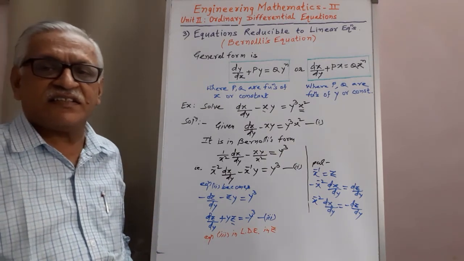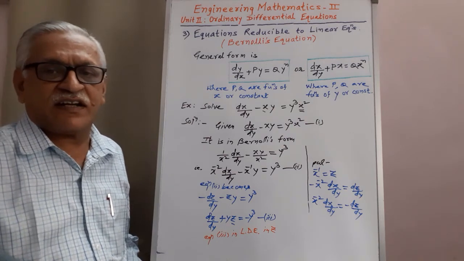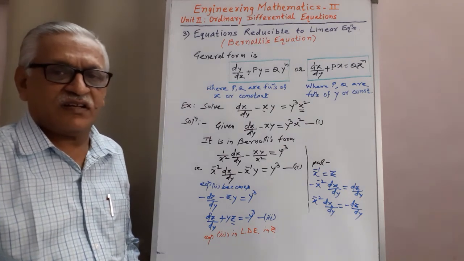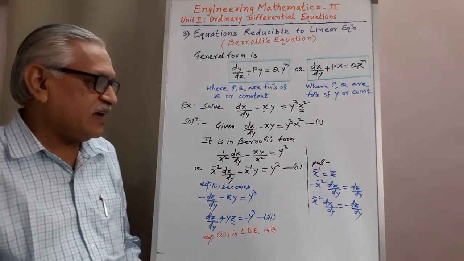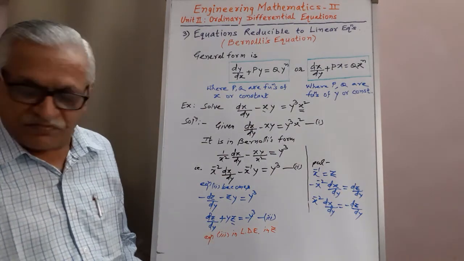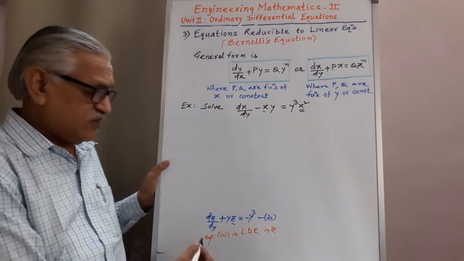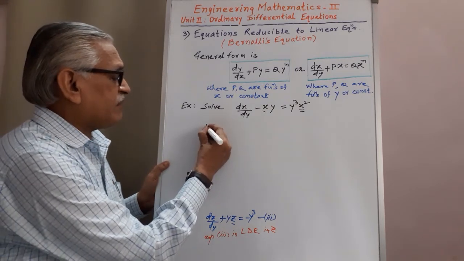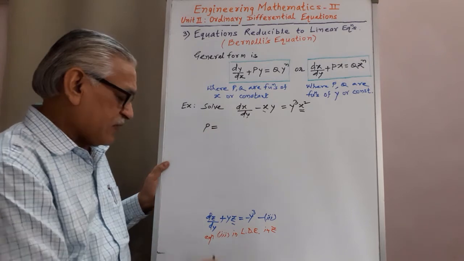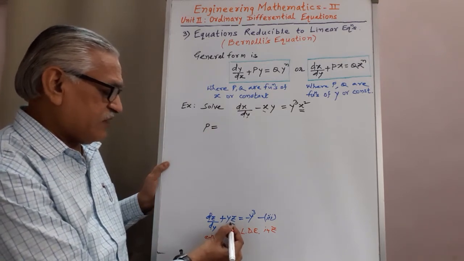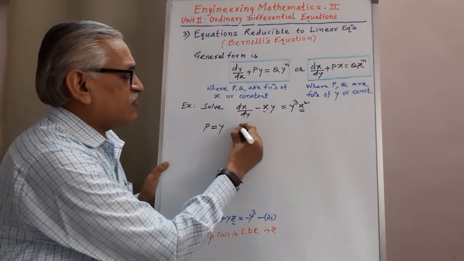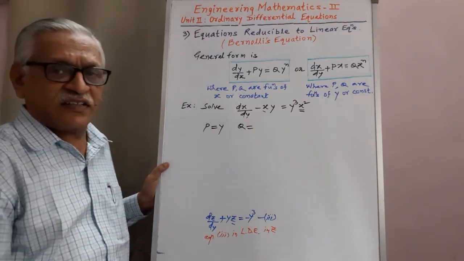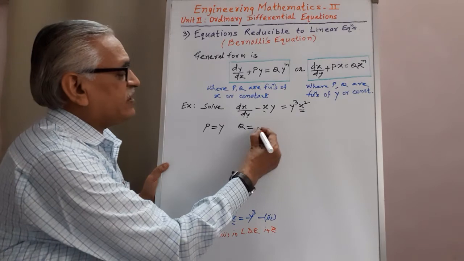And as it is linear in z, we solve it by the linear differential equation technique. Comparing it with the general form, we get the value of capital P as the coefficient of the dependent variable. Here it is y, a function of y. Q, the value on the right hand side of the equation, is minus y cube.